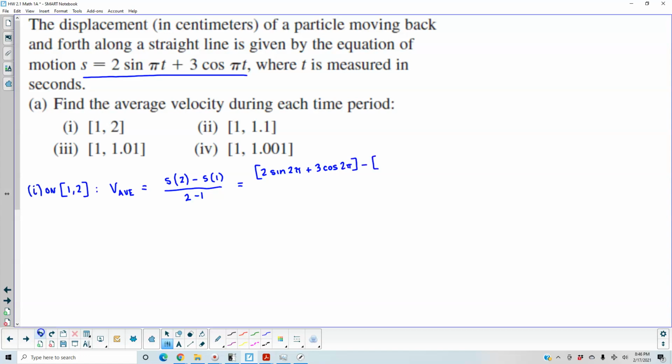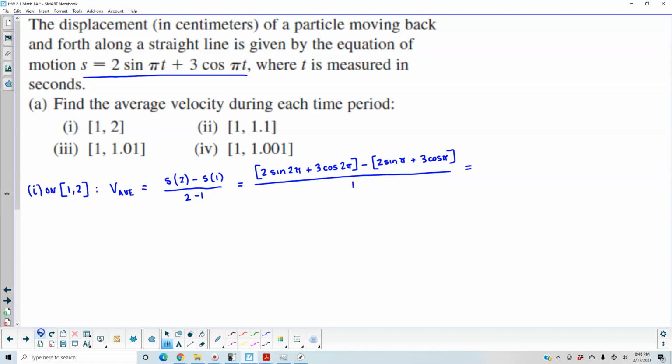And then that's minus 2 times the sine of 1 pi plus 3 times the cosine of pi, and that's divided by 2 minus 1.